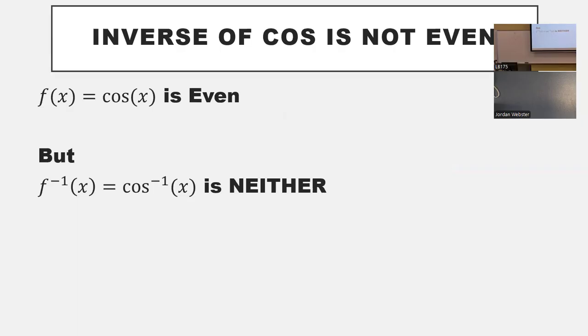And that has to do with the restrictions on the domain and the restrictions on the range of the inverse cosine function. Does that make sense?